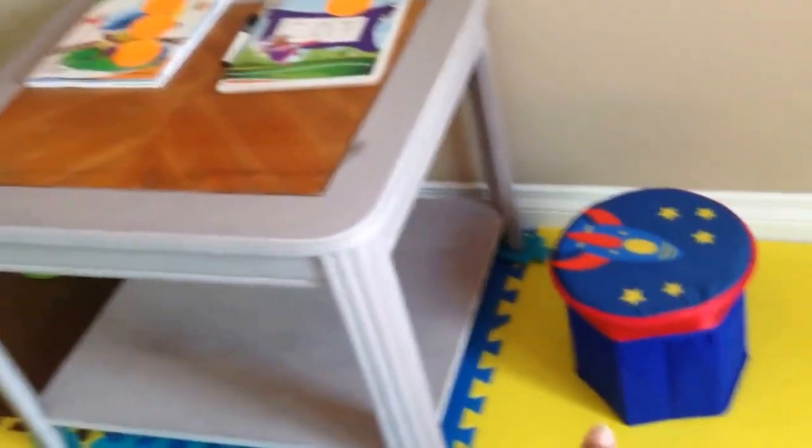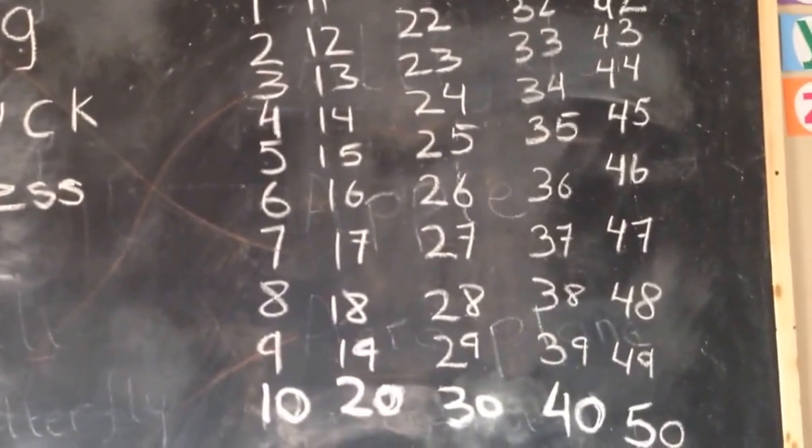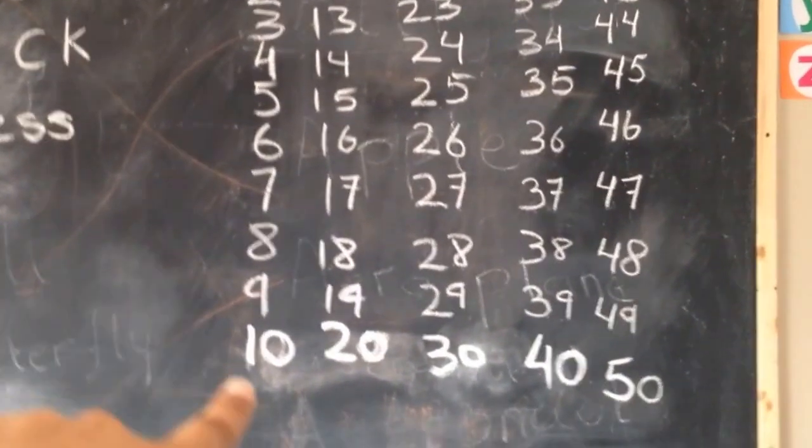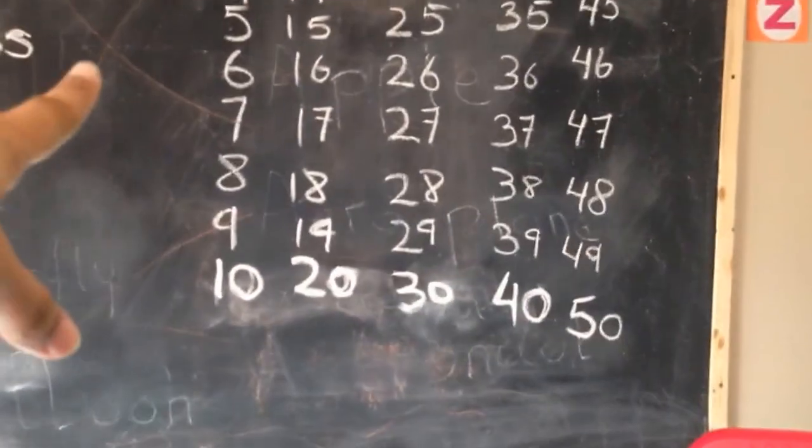So after that, I make him sit here on that little stool right there, and we go through numbers. Initially I used to write the numbers down here on the chalkboard, and then we'd study them from here.